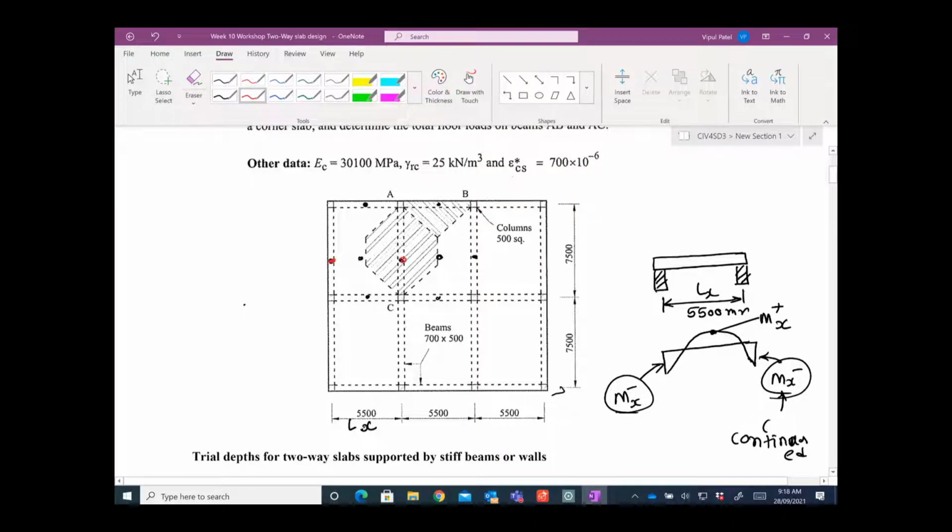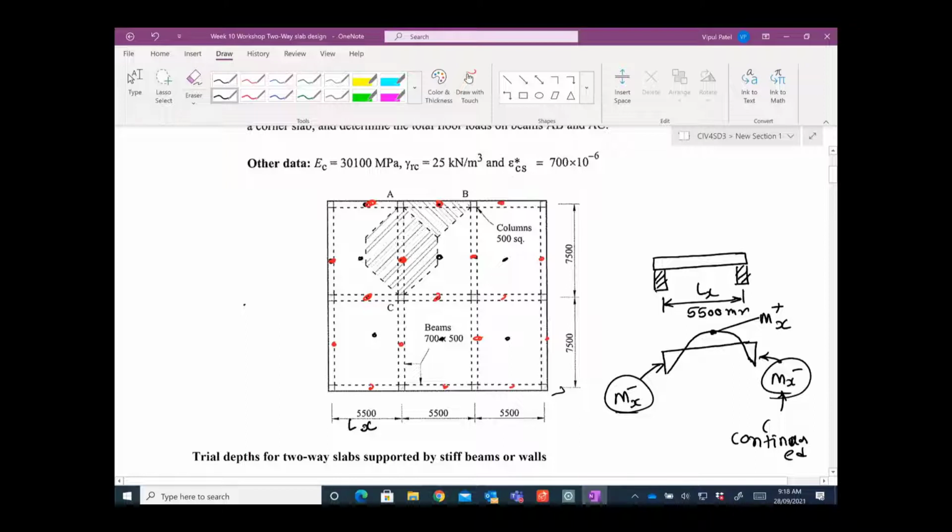Let me put this in red. Red one is negative, black one is positive. So you are in a position to calculate everywhere. If someone asks, can you please give me the moment here? Now you can calculate the moment anywhere in the slab.